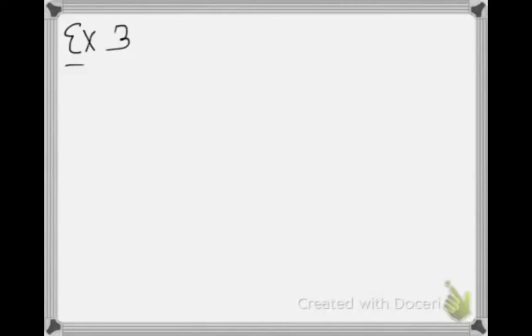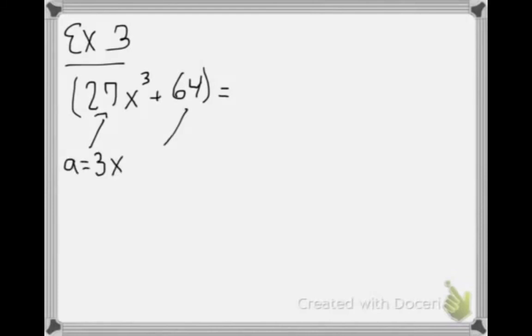Let's do one more that's a little bit more complicated: 27x cubed plus 64. Are these both perfect cubes? Yes. A is now going to be 3x, because we have to see what cubed gets us 27, and also what cubed gets us x cubed, so it's 3x. And then the cube root of 64 is 4. So we'll use our pattern.